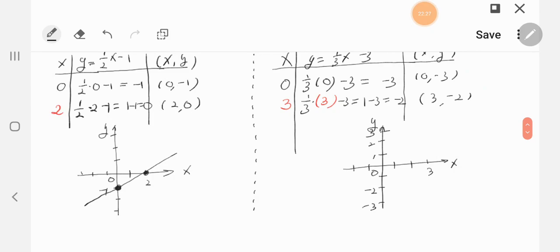Let's plot the first point, x equals 0, y is negative 3, over here. The second point is x is 3 and y is negative 2. So move 3 to the right and 2 down, over here. Make sense? Then the graph is this straight line connecting these 2 points.